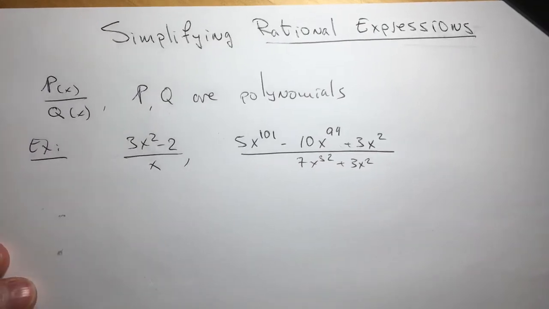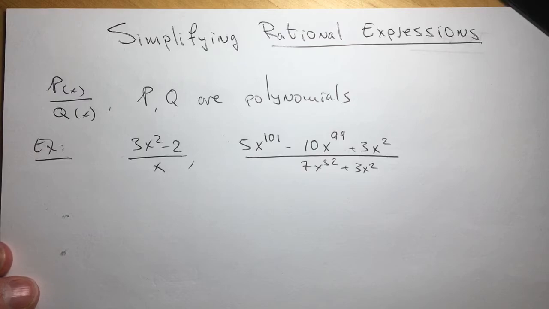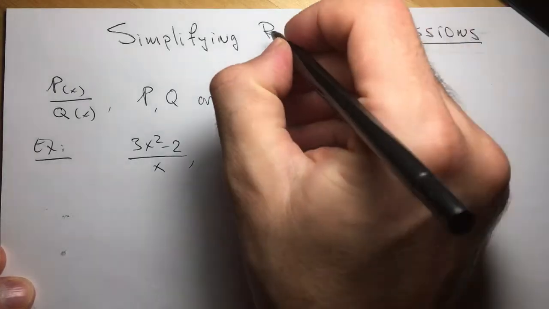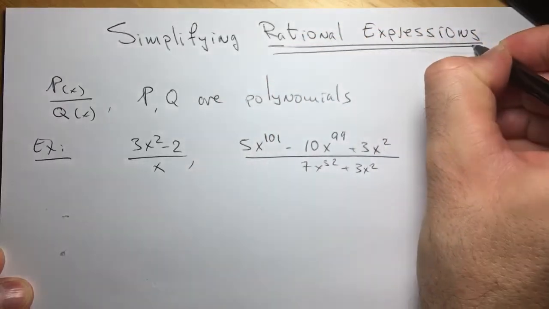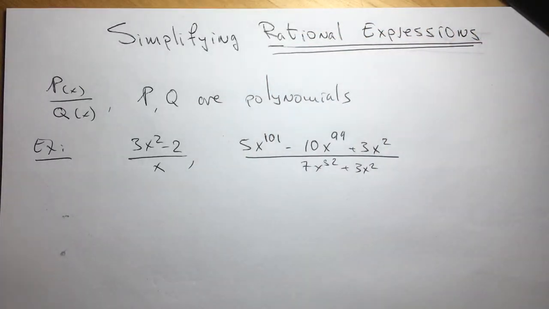Simplifying rational expressions the correct way is very important, as we're going to see very early in calculus 1 when we're dealing with limits. So it's very important that you refresh how to do this properly.